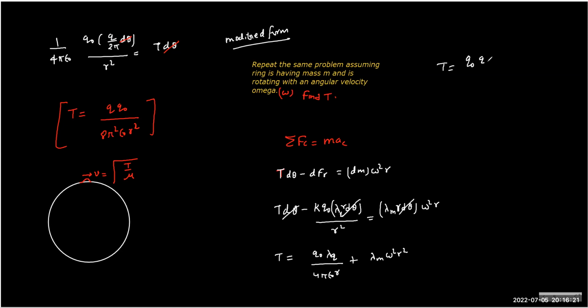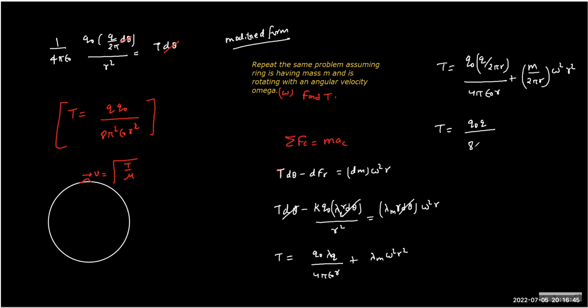The charge upon length of the entire ring. Charge upon 2 pi r, plus m upon 2 pi small r into omega square. So this is how we can get the new answer, which looks really cool.